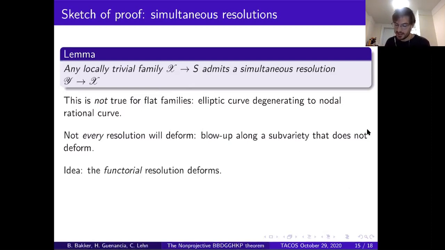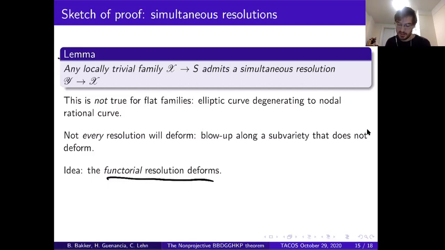So the key point is that the functorial resolution is the one that you should ask to deform sideways, and that's the one that only blows up what it has to. The idea is that if you have a blow-up you must do in a locally trivial family, you also must do that blow-up in every fiber, because the singularities are all the same.